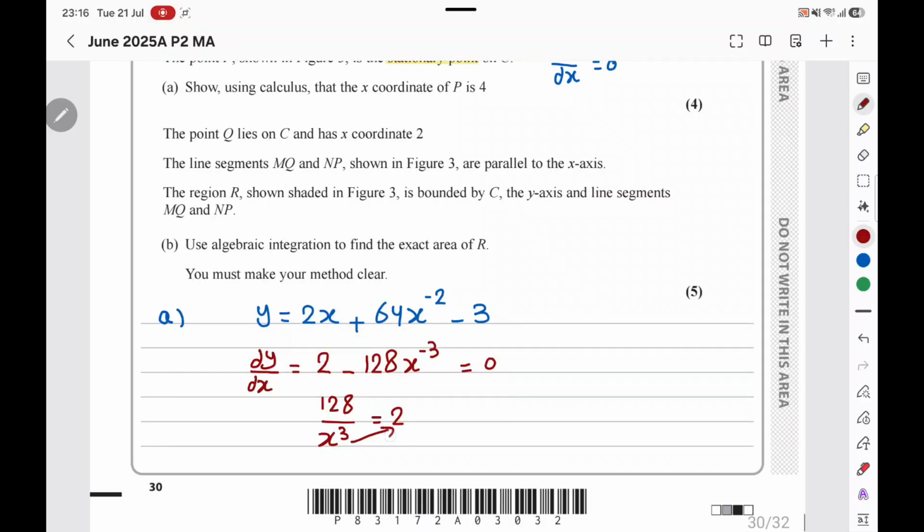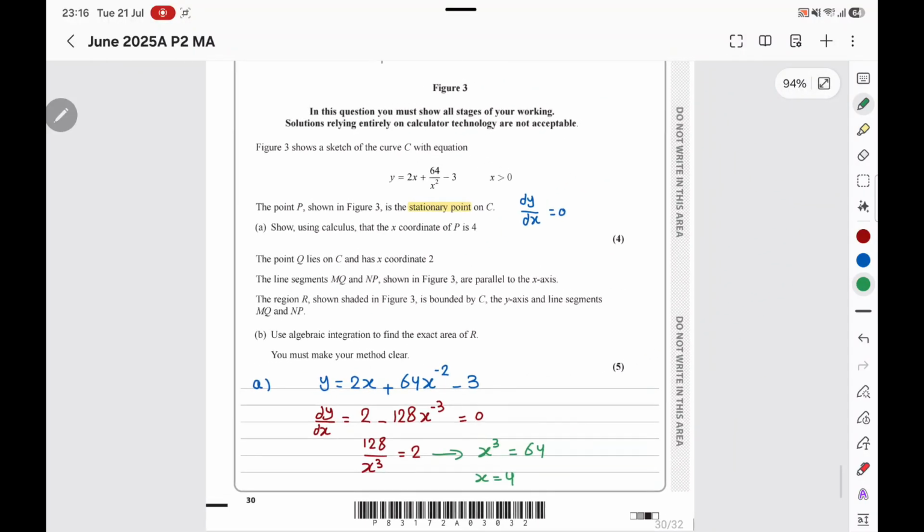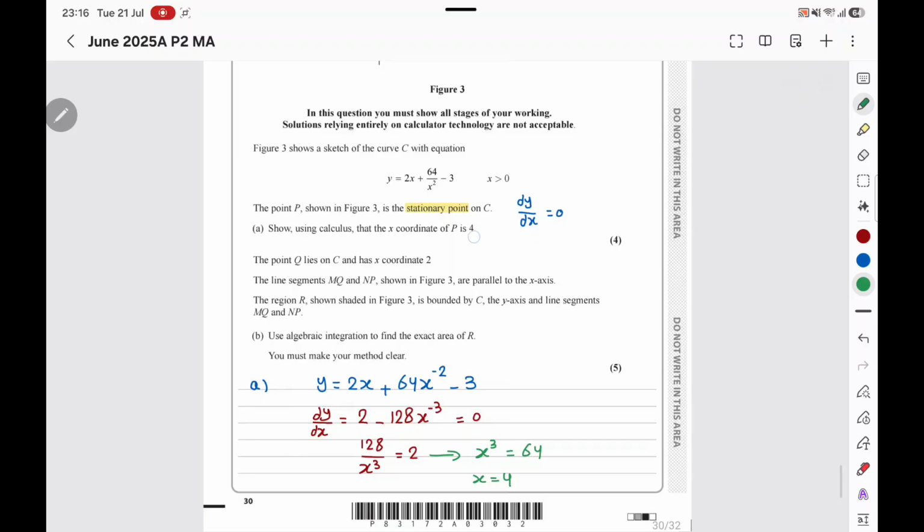Cross multiplication: move the x cubed to the right-hand side and the 2 by division. It gives x cubed equals 64, the cube root of 64, so x is 4. This is for part A. Done. Proved that x is equal to 4.